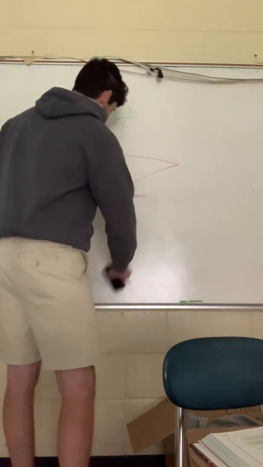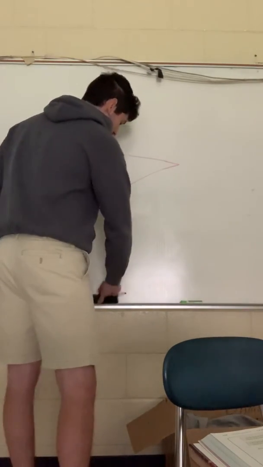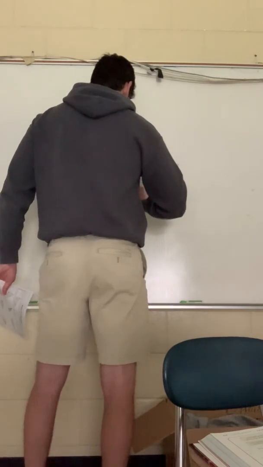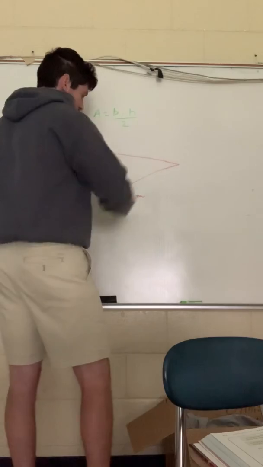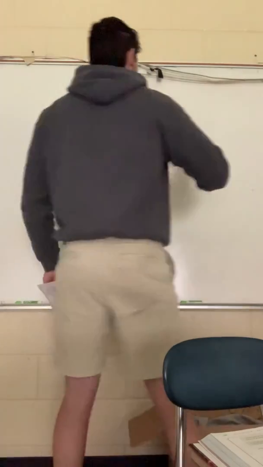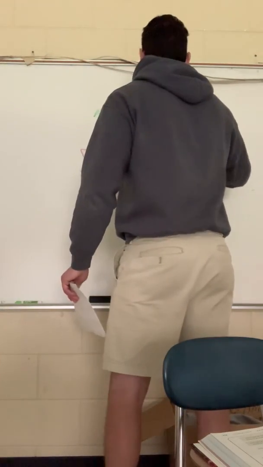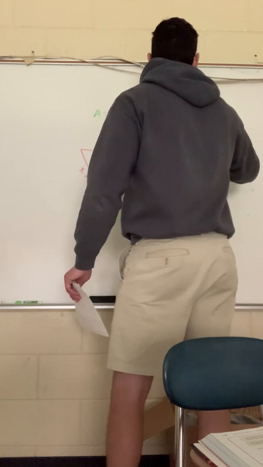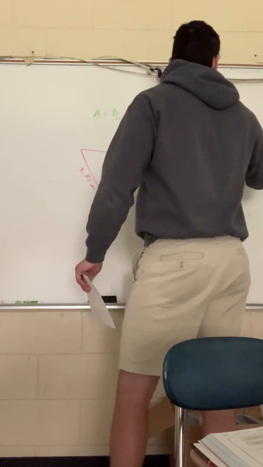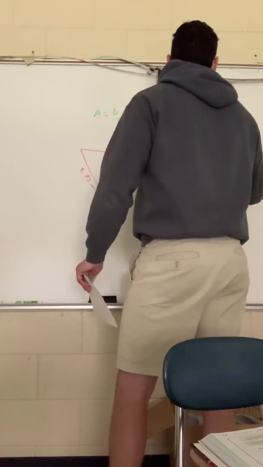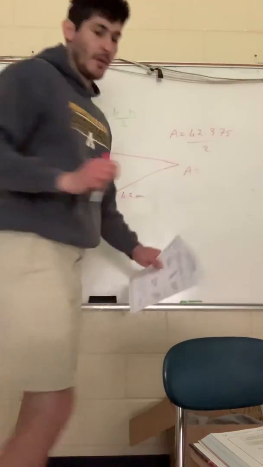I'm going to rewrite it so to avoid any kind of confusion, right? So 4.2 meters, right? That's my height, that's my base. Now I can go ahead and do my formula. Alright, so 4.2 times 3.75, everything divided by 2. And let's see what that gives us.